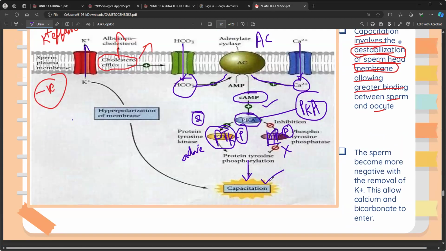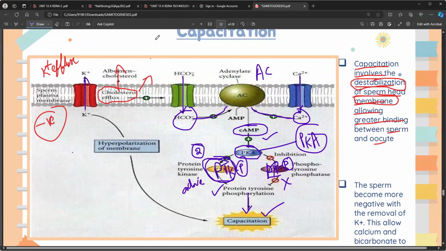So the point is very clear. If the process of capacitation wants to occur, it is very important, friends, that the PTK should be active. If the PTK wants to be active, compulsorily there should be activation of PKA, which is activated by cyclic AMP. Cyclic AMP is synthesized by adenylyl cyclase, and adenylyl cyclase is activated by bicarbonate and calcium.